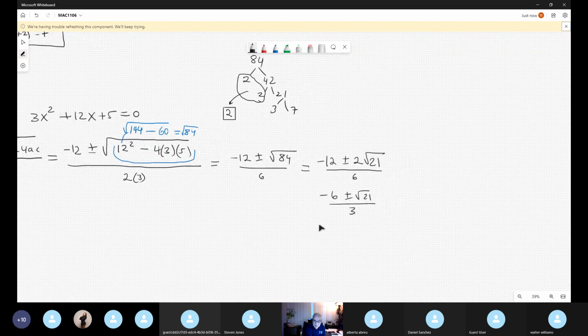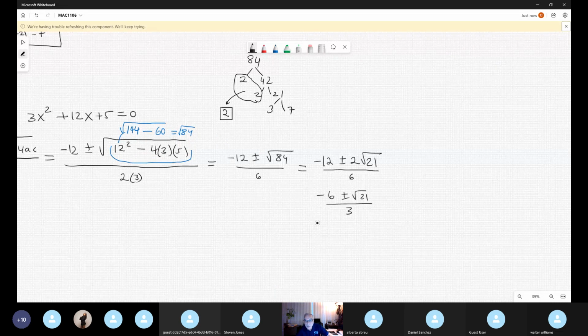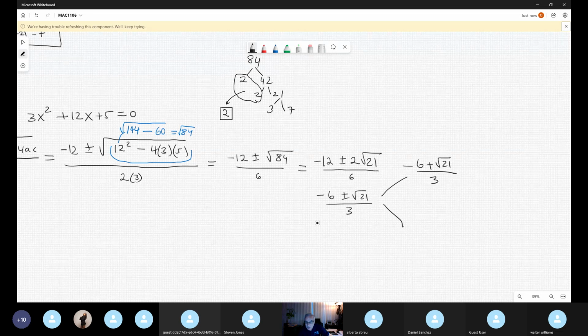To get a geometric idea about this number, I separate it into pieces. You put minus 6 plus radical 21 over 3 and minus 6 minus radical 21 over 3. Remember, we have a double sign, plus and minus. And we compute using the calculator the decimal approximation.